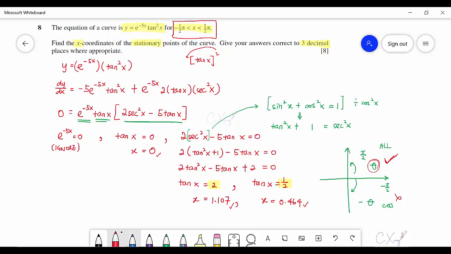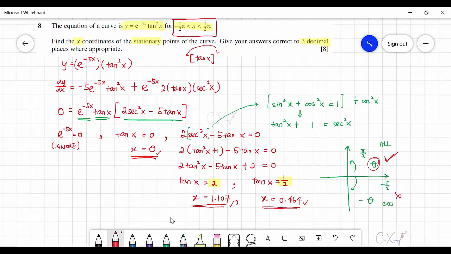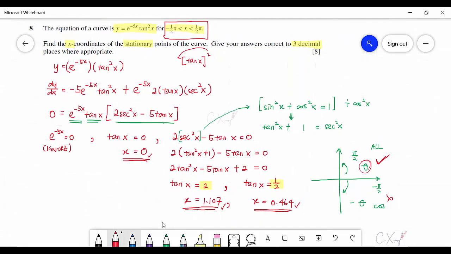In short, maybe you can rewrite all the answers first. You have 3 answers here. The first one is x equals 0. The second one is x equals 0.464. And the third one is x equals 1.107.